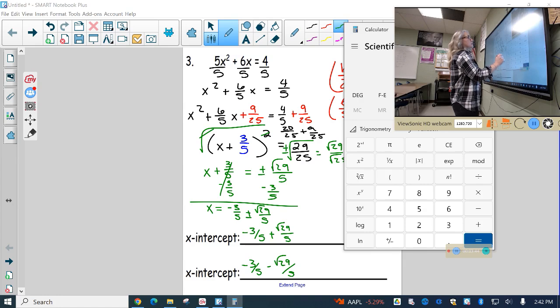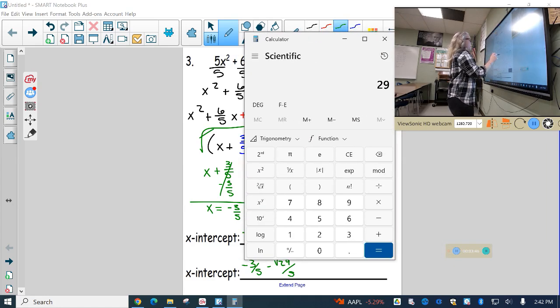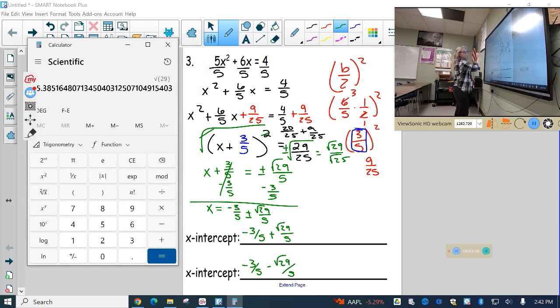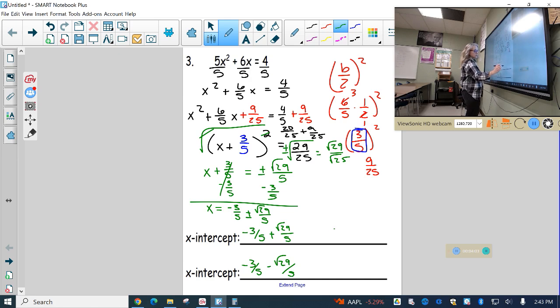Square root of 29 plus negative 3 is just the same thing as minus 3, and then divided by 5. So I'd get 0.48 rounded.